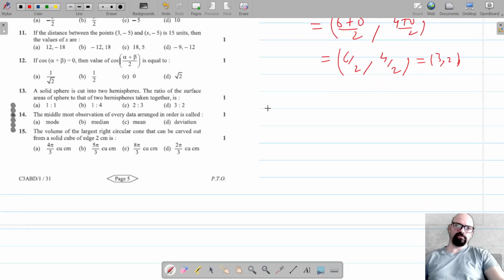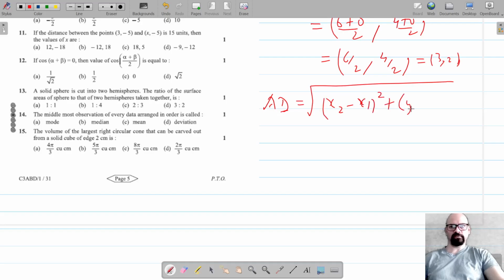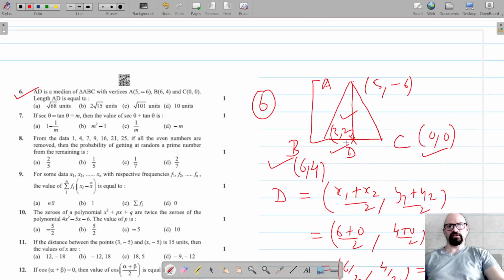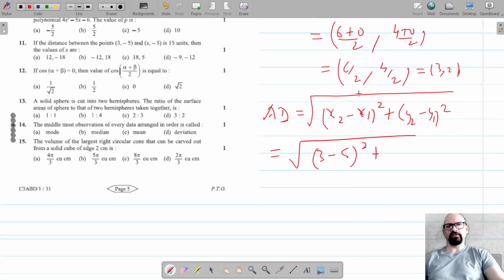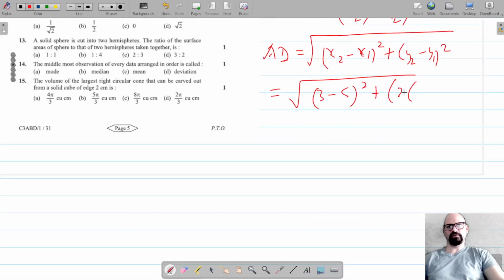Now we have to find the length AD, which we can easily find by using the distance formula. The distance formula is the square root of (x2 minus x1) the whole square plus (y2 minus y1) the whole square. So this is 3 minus 5 the whole square plus 2 minus of minus 6 the whole square.